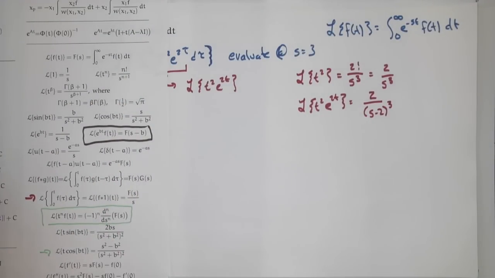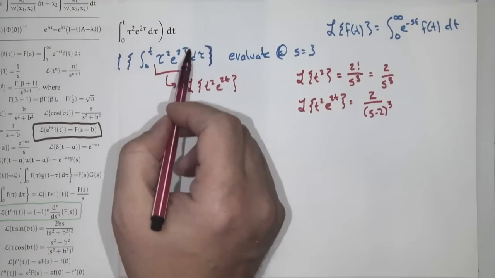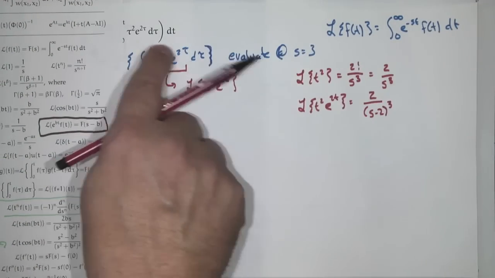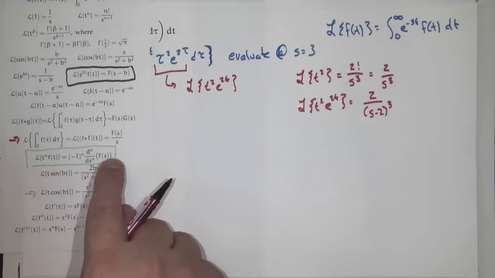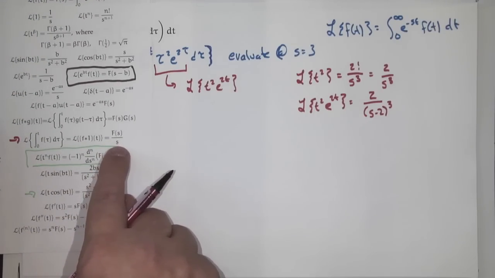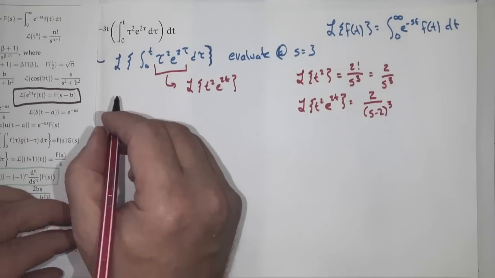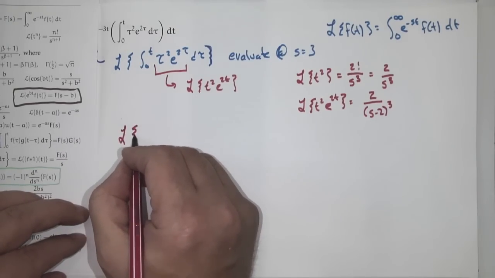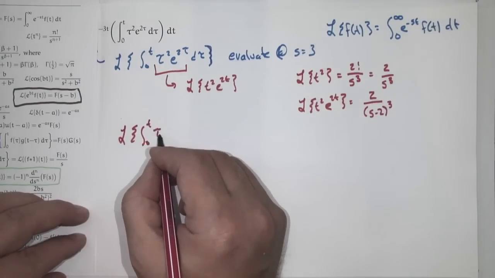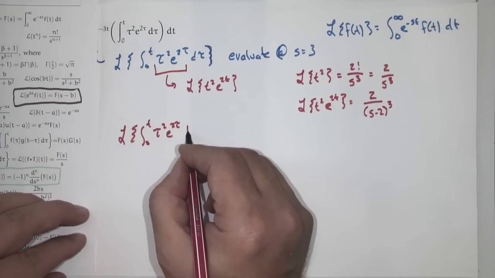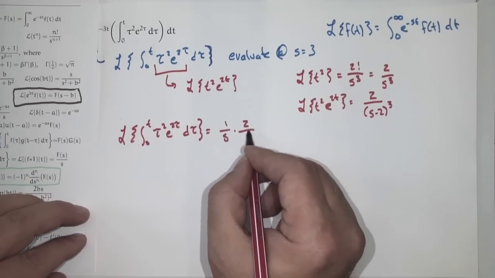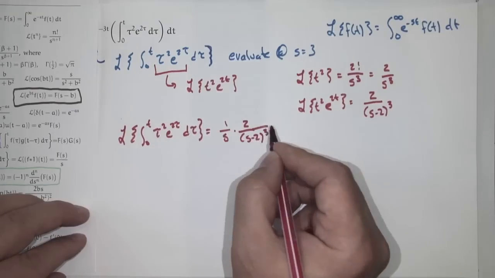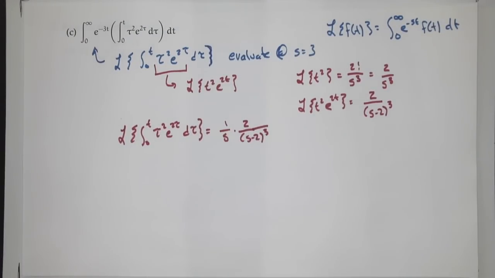And now we say, okay, we know how to do our innermost layer. We add the next piece, which is the integral. So what does the integral tell us to do? Well, the integral says add an extra 1 over s. So the Laplace transform of the integral from 0 to t of tau squared e to the 2 tau d tau is 1 over s times 2 over s minus 2 cubed. Okay, we're almost done.